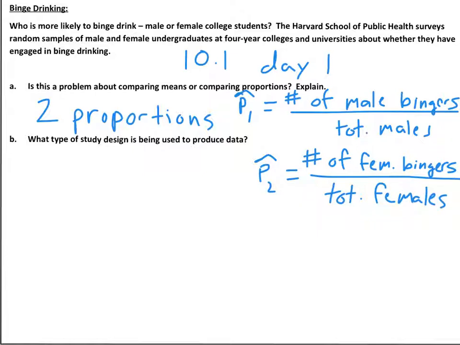This data would obviously allow you to make the comparison as to which is exercising this behavior at a higher rate. Okay? Seems like a simple thing to do, and something in stats you would obviously want to do, but it's interesting that up until now, we don't have the tools we need to do it. That's what Chapter 10 is all about, is to take on a problem like this.